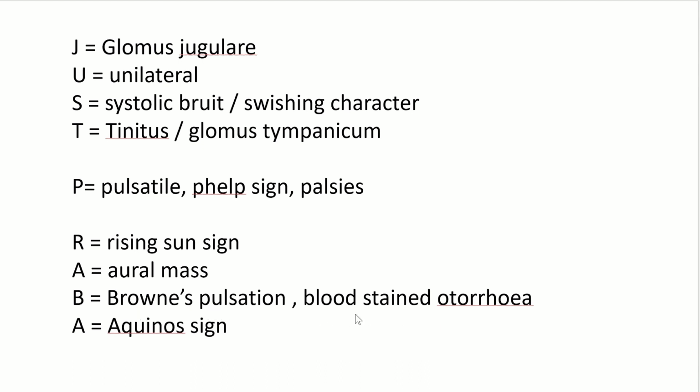After that, this B is for blood-stained otorrhea. Sometimes the patient might come with blood-stained otorrhea. And A stands for Aquino sign. During otoscopy, blanching of the glomus jugulare tumor appears on compression of the carotid artery, and that is called the Aquino sign.